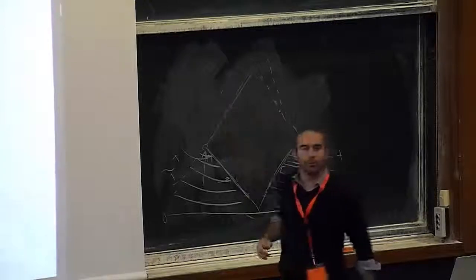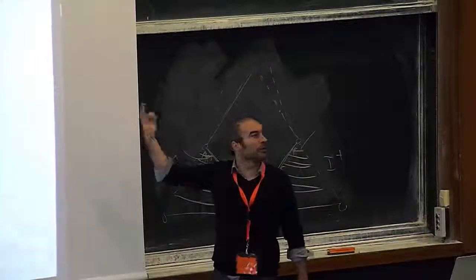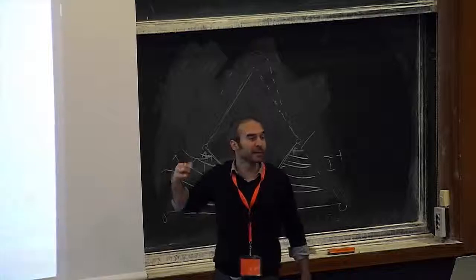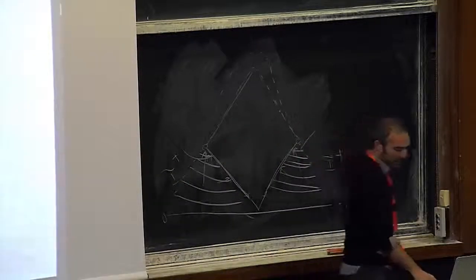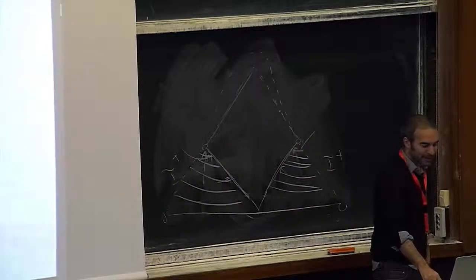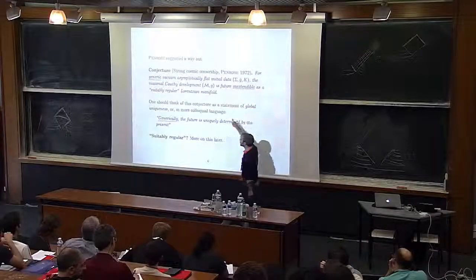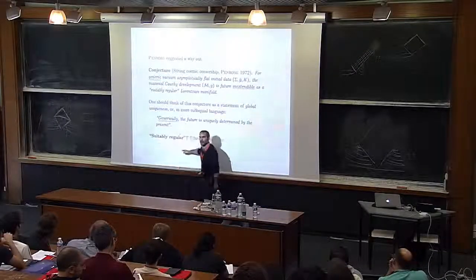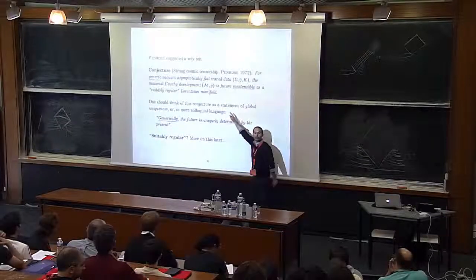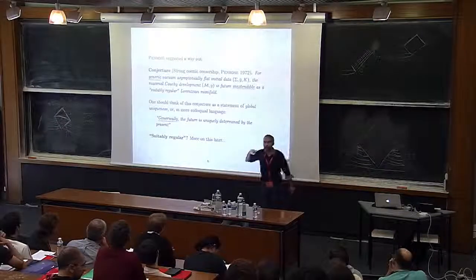So if this were true, then some version of strong cosmic censorship is still saved. So let's go back all the way to the beginning. The version of strong cosmic censorship whereby suitably regular means as a manifold with locally square integrable Christoffel symbols.